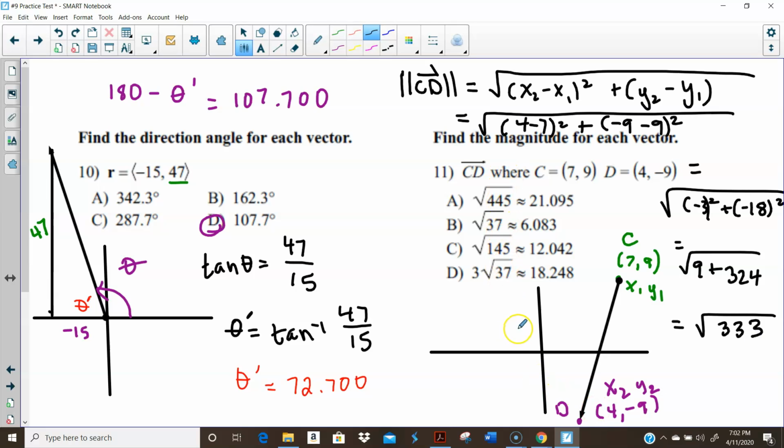And I don't see my answer here, so I am assuming there's a perfect square that comes out of that. I'm getting approximately 18.248, which is D. So this is 3 root 37. 9 times 37 is 333.